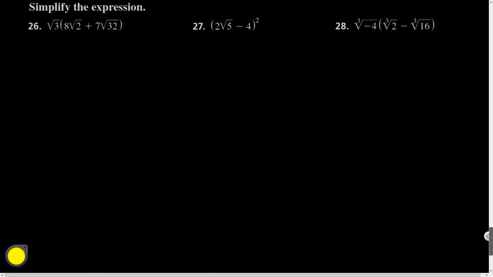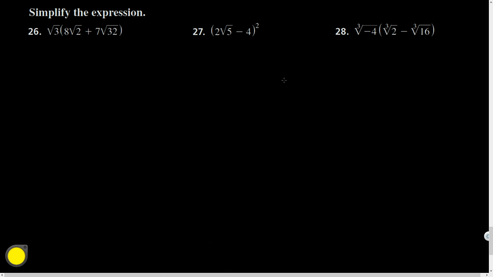Okay. Are any of these that interesting? We'll be careful with this one. You cannot distribute an exponent over addition or subtraction. So 2 rad 5 minus 4 times 2 rad 5 minus 4. You could have used one of our patterns from back in the day. I just suspected that you guys might not have remembered those. Oh, let's distribute it.